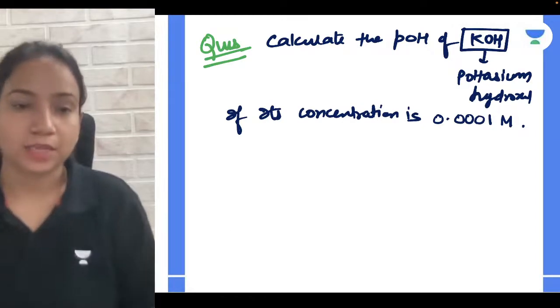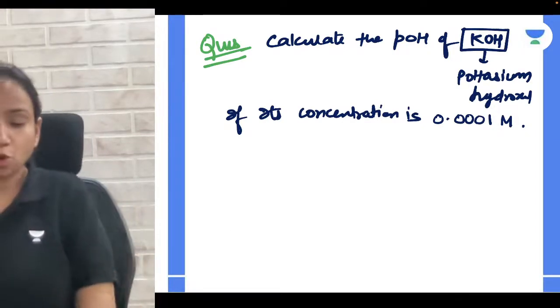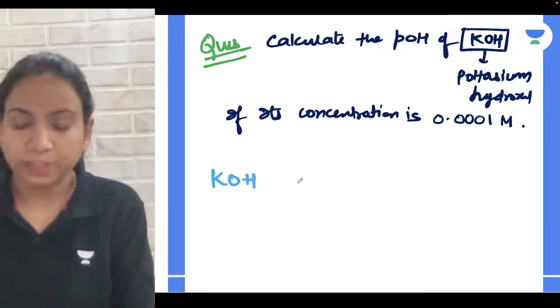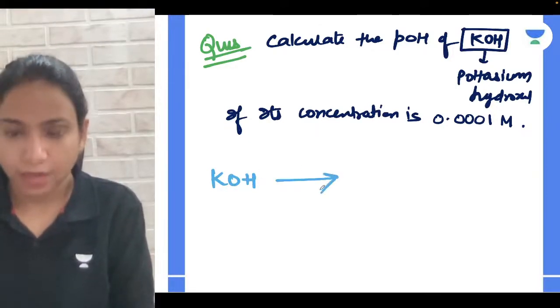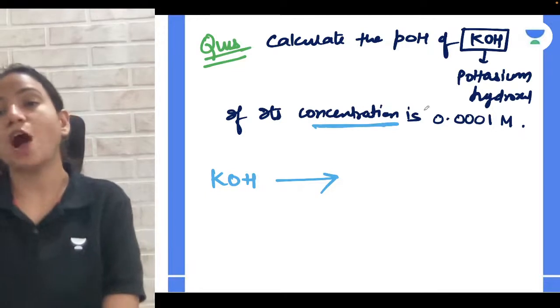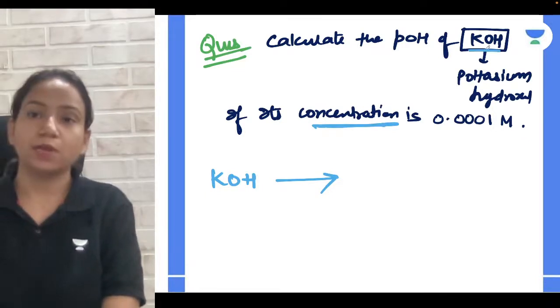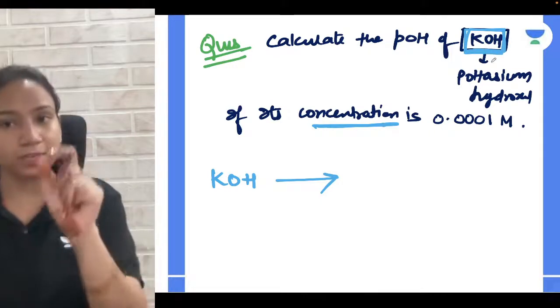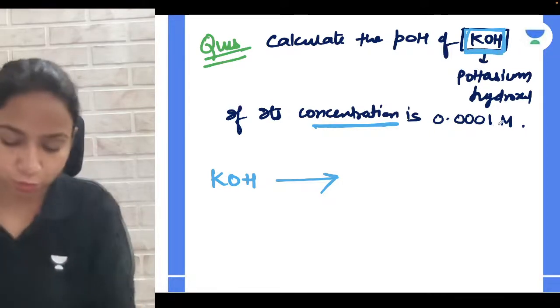So tell me, guys, potassium hydroxide, we all know from the 6th, 7th, 8th standard, that when we dissociate it, the concentration is how much amount of KOH you have taken in a particular volume.